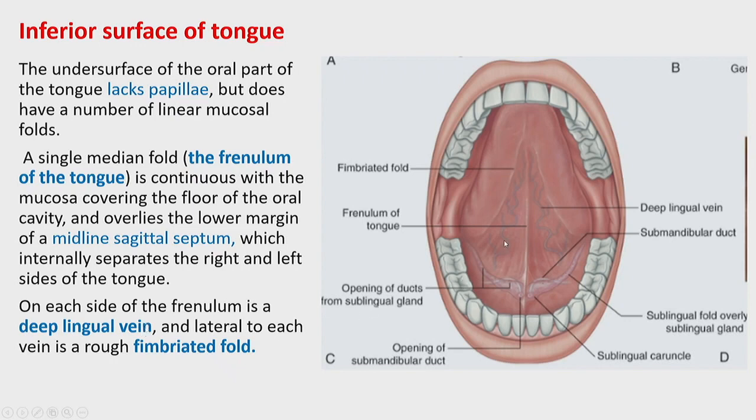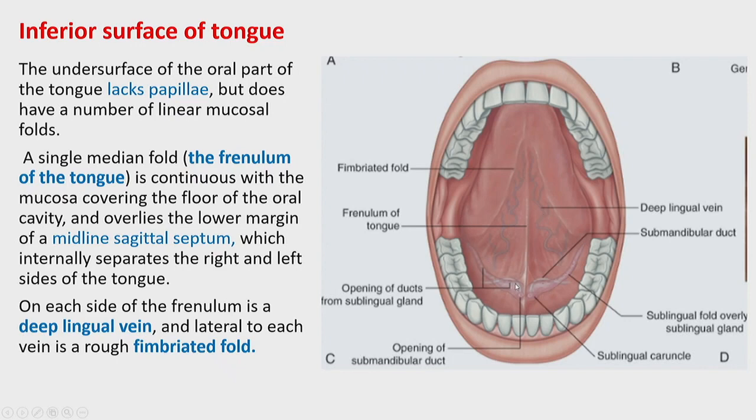You can see it, and it is one of the venous drainages of the tongue. Lateral to that is another fold, which is also an embryonic remnant. It's called the fimbriated fold. Those are all found on the inferior or ventral aspect of the tongue.